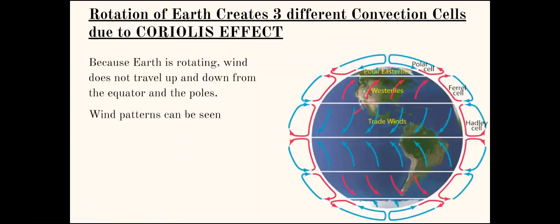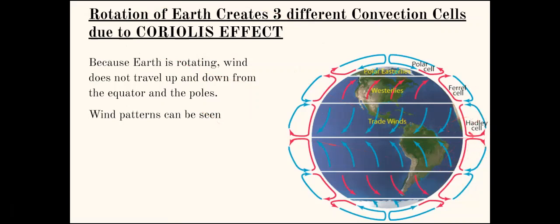And now, because of the rotation of the Earth, we get three different convection cells to the north and the south of the equator, and this is because of the Coriolis effect. The names of these cells are the Hadley cell, which is from the equator to 30 degrees north and south. This is the same thing right here.